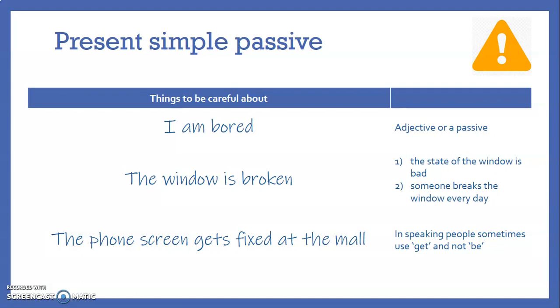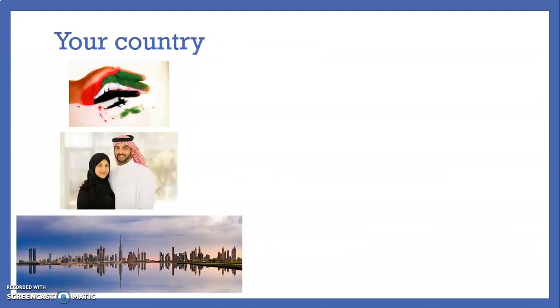So every day it gets fixed and every day the window is broken. So it's not important who did it, it's just important that the window is broken. And sometimes, if you see this sentence, the phone screen gets fixed at the mall. Sometimes people use gets rather than is when they use the passive. But it's not common and we don't usually write it.